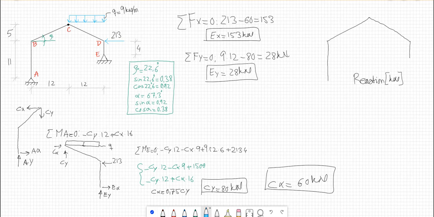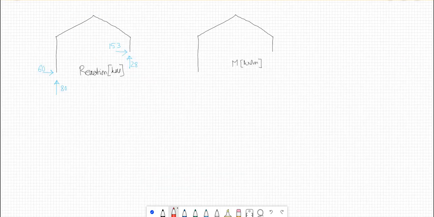So now we have found the reaction forces. We can draw the reaction diagram. It is convenient to draw the moment diagram based on the reaction forces.